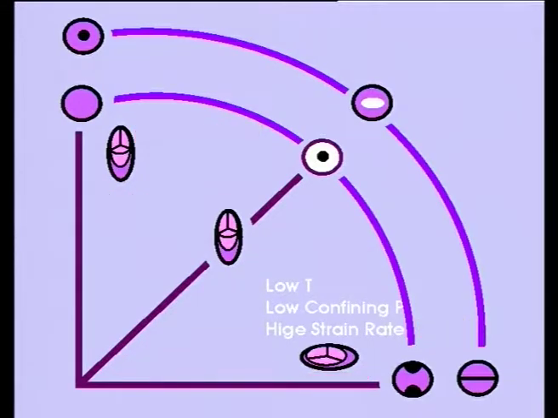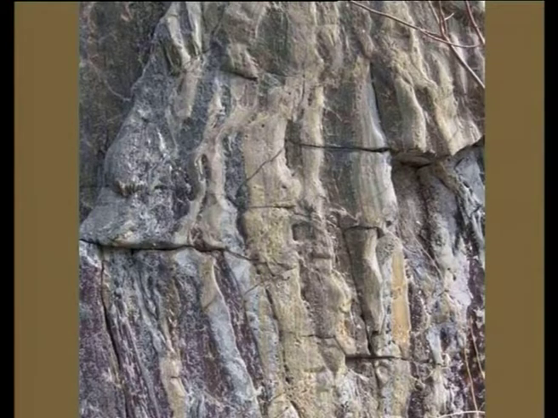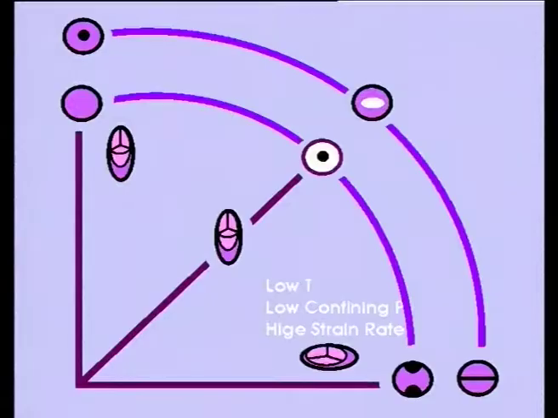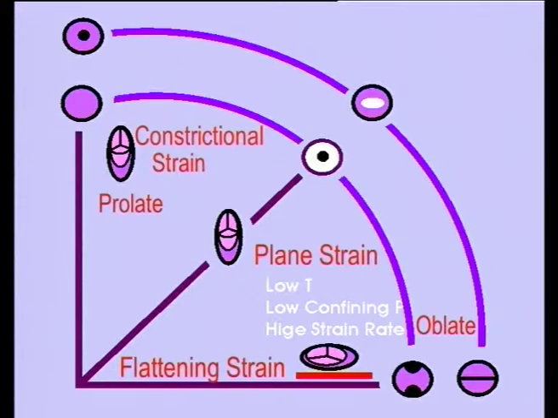At this point, it should be remembered that we are considering here only constant volume strain or constant volume deformation, because if we try to accommodate volume changes, the mathematical and conceptual aspects become very complicated.